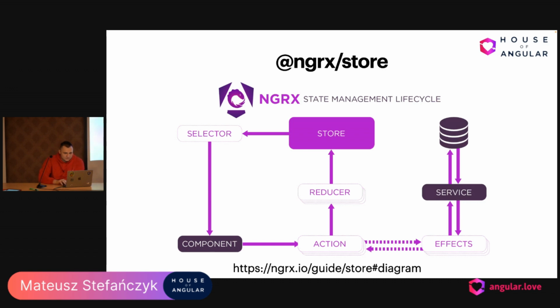For those who are familiar, this picture might be very familiar, but for some other people it might be something new. This was the very first state management library released by NgRx. It's inspired by a pattern called Redux, and it involves a lot of effort to build something around it. It has its advantages, but also disadvantages.